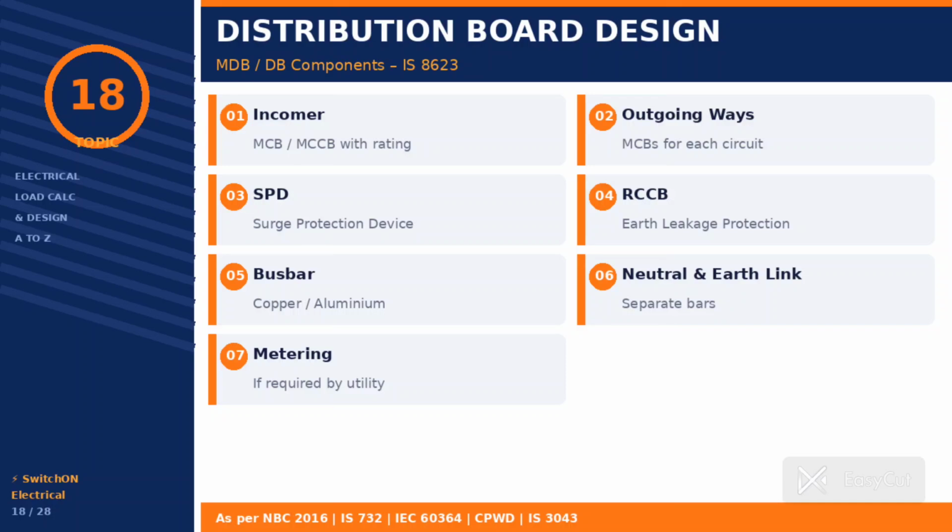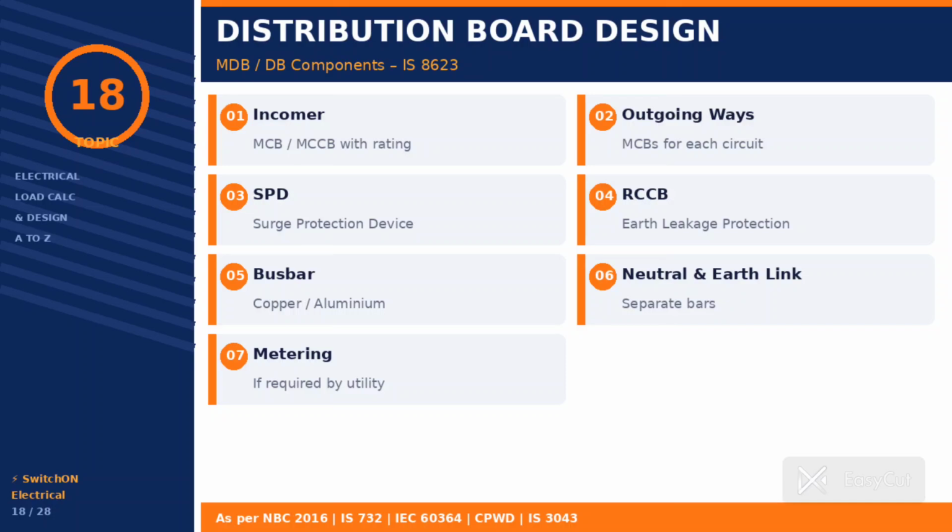Usually incomer will be either MCCB or MCB. So accordingly you have to select and give the space for incomer. Then outgoings. Suppose it is a 3-phase, 6-way dB. What does it tell? 6-way means 6 into 3, R, Y, B. Around 18 outgoings will be there.